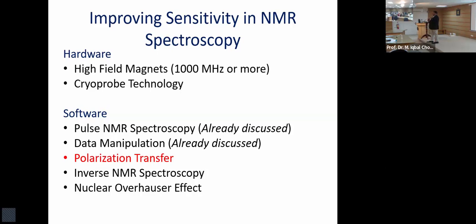So this is a temporary polarization transfer or population transfer from more sensitive nuclei to less sensitive. Very often from proton to carbon-13, proton to nitrogen.